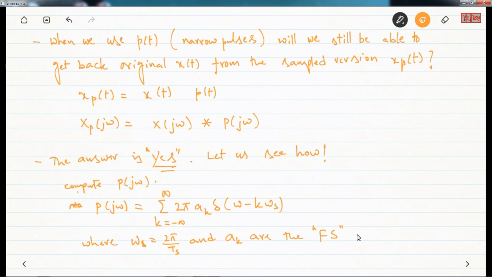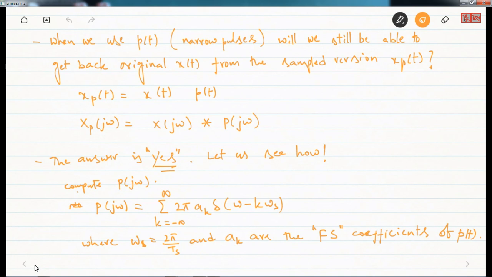These are the Fourier series coefficients of p of t.